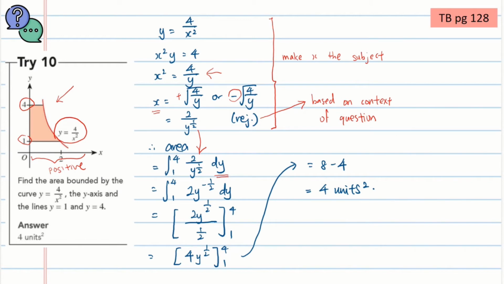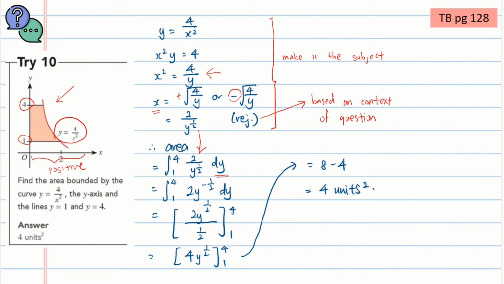There's no difference in integrating in terms of y or with respect to x. It's just a variable, just a letter itself. So I will have 2y to the power of half, because negative half plus 1 gives half, then not forgetting to bring down the power of half below in the denominator.